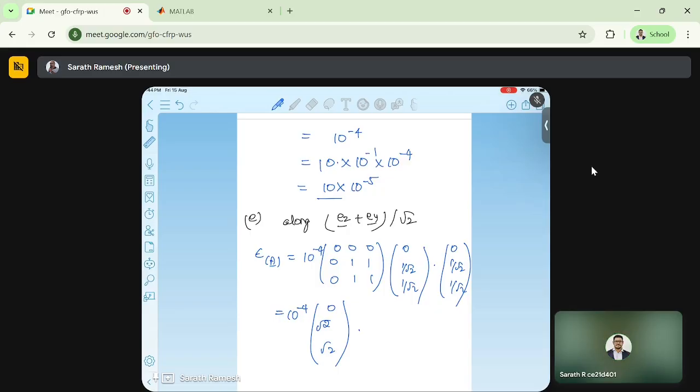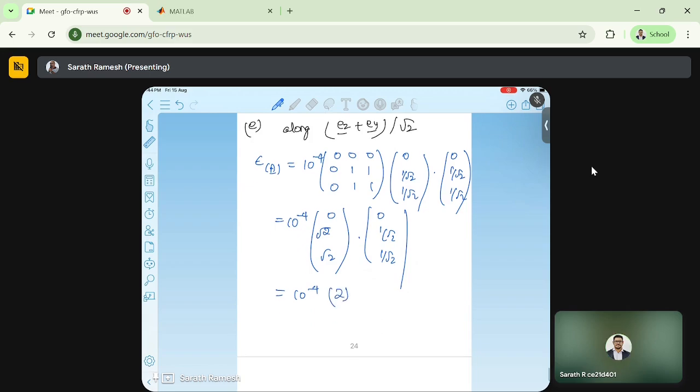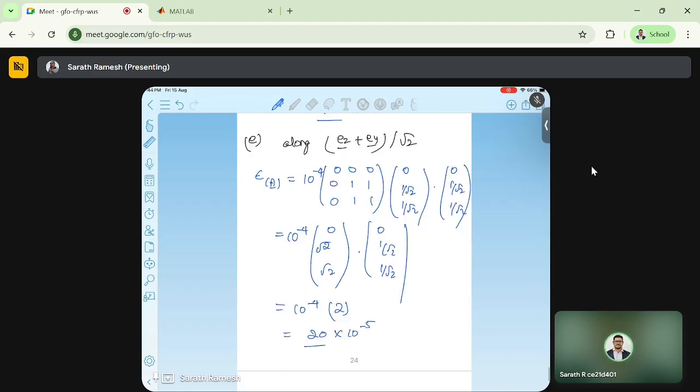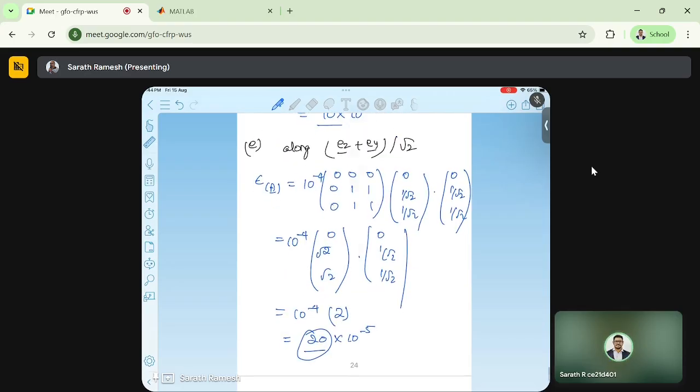Dotted with 0, 1 by root 2, 1 by root 2, this gives 10 power minus 4 times 1 by root 2 times root 2, which is 1, plus 1, which is 2. So 2 into 10 power minus 4. If I write it as 20 into 10 power minus 5, the answer will be 20. Fine, this is part E.